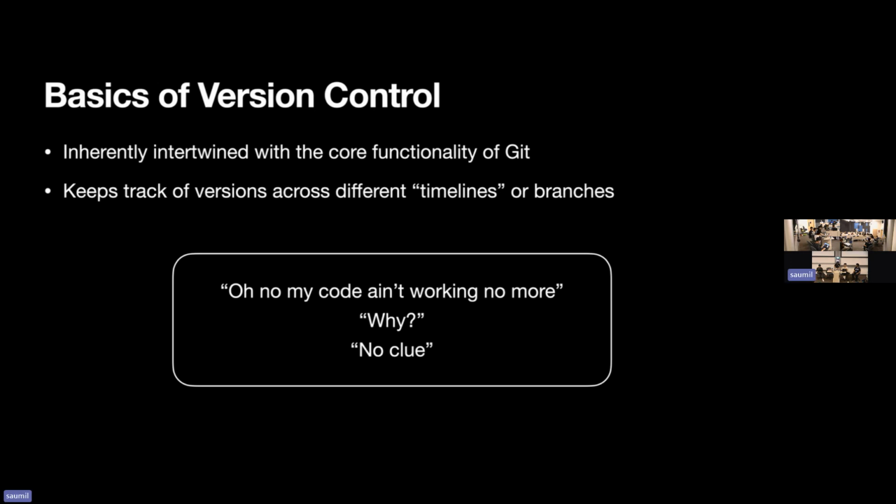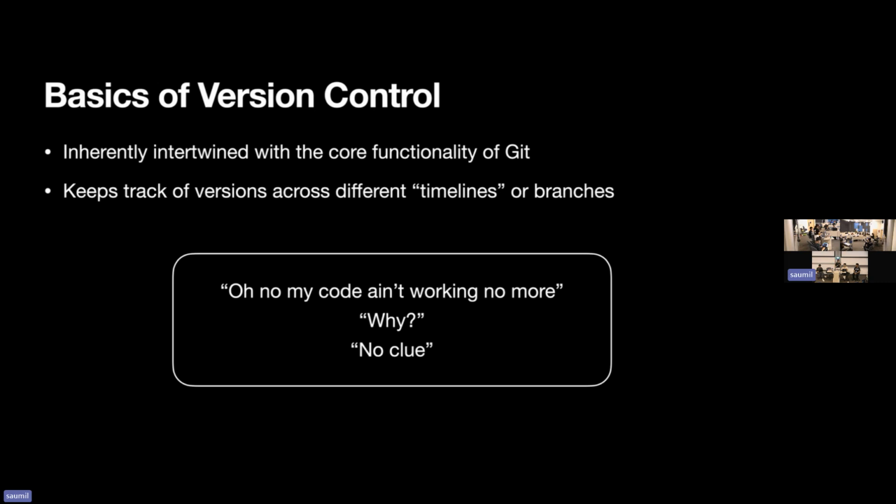Just now in the video introducing Git, you heard this term called timelines. These are basically branches, and they're called timelines because your commits always have a timestamp, so your commits by default are arranged in order of the direction of time. Git keeps track of different versions across different timelines.